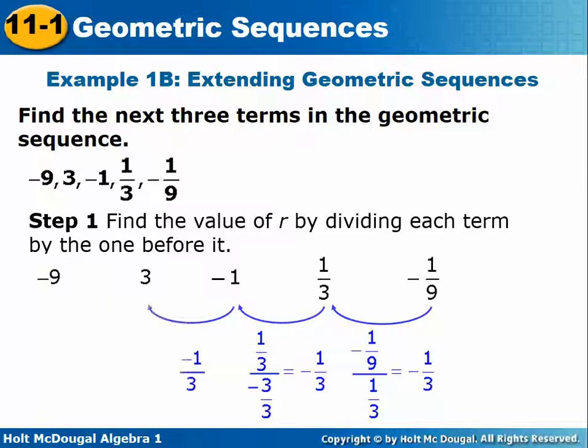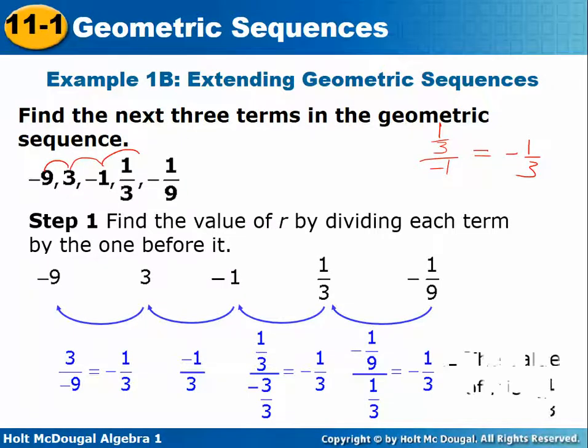What about 1/3 divided by -1? Anything divided by 1 is itself, dividing by -1 just changes the sign. So we'd have -1/3 for this part, -1/3 for that part, -1/3 for that part. So even though the first one is a little tricky, you can still find what r is.